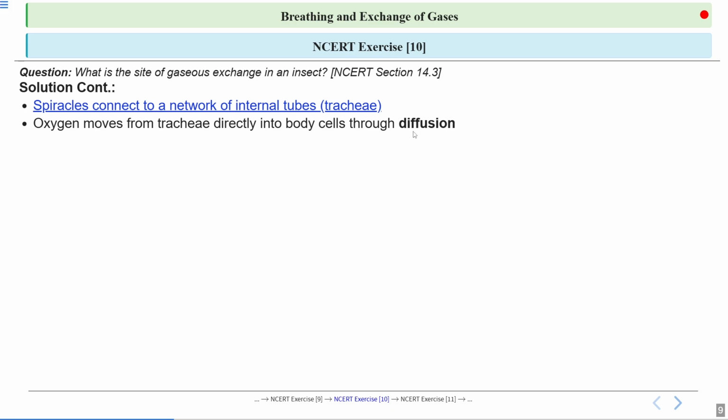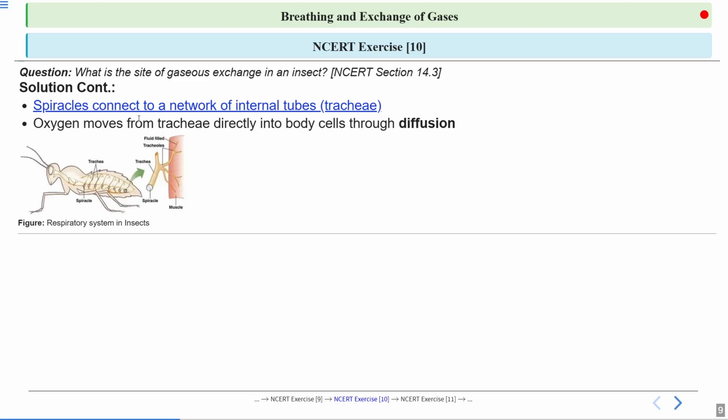This is the way through which the oxygen moves directly to the body cells through the process of diffusion, meaning the air moves in the body from a region of higher concentration to a region of lower concentration, right? So from the trachea, the air moves directly to the surrounding body cells, right?